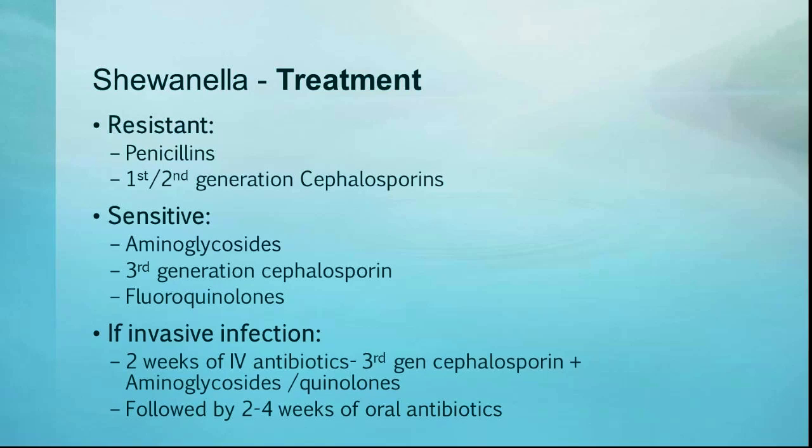With Shewanella, they're resistant to penicillins, but they're sensitive to aminoglycosides, and interestingly, they are sensitive to third-generation cephalosporins and fluoroquinolones as well. If you have an invasive infection like bacteremia, they're looking very sick and you're suspecting that, you would tend to use 2 weeks of IV antibiotics, and you can do 2 to 4 weeks of oral antibiotics after that.